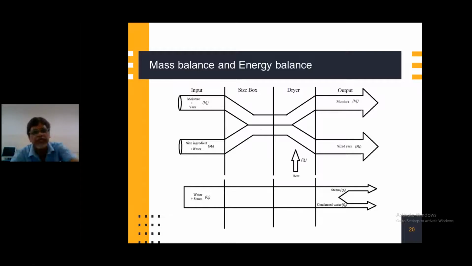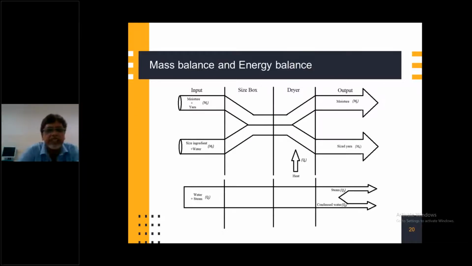So we have masses M1 and M2 put together inside the size box, that means M1 and M2 joined together. Then at the dryer, there is a mass M3 coming out from evaporation, and the sized yarn comes out as mass M4. So this is the mass balance case for the machine. And you can see the energy balance in the dryer.